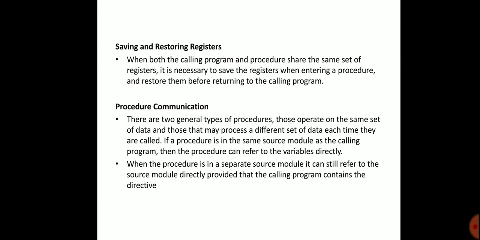When the procedure is in a separate source module, it can still refer to the variables directly, provided that the calling program contains the directive. So this is procedure communication.